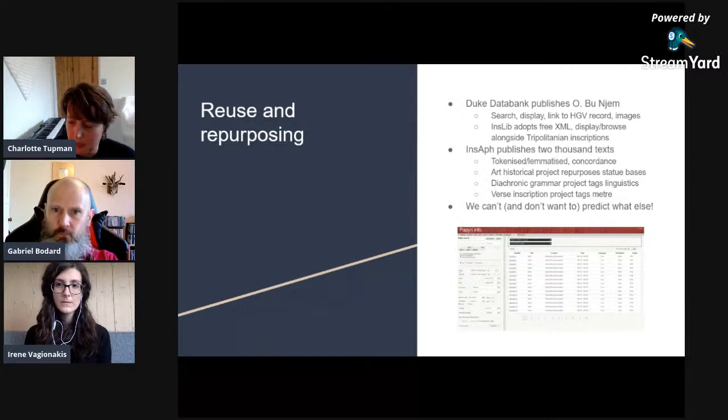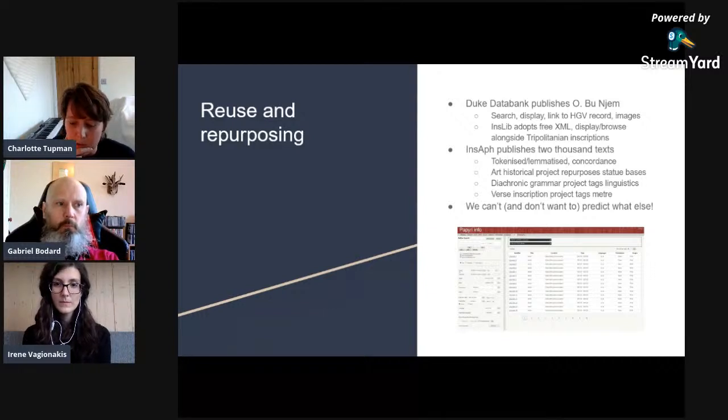If you have a group of papyri that are published in the Duke Databank, for instance, you might have another project coming along and using that XML and building on that to display alongside their own text. So, for instance, InSlib could display the XML that they got from the Duke Databank alongside Tripolitanian inscriptions that have a relationship with those, and make those links a bit more explicit.